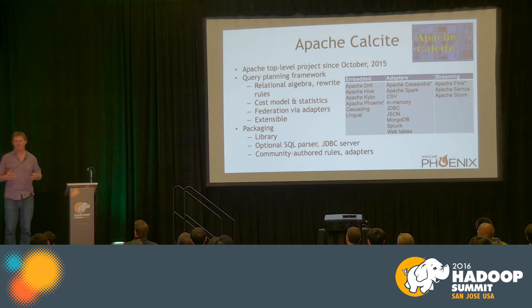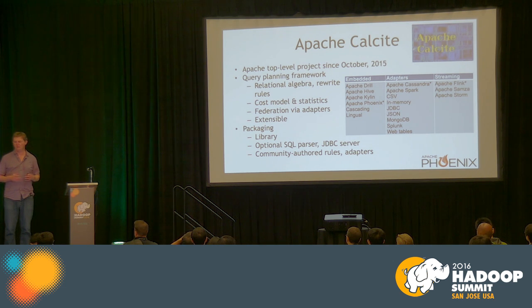But it provides this environment where people from different companies, often competing companies, can work together without any mistrust. And we've got committers in Calcite from Hortonworks and MapR, and contributions from Cloudera, and we get along.